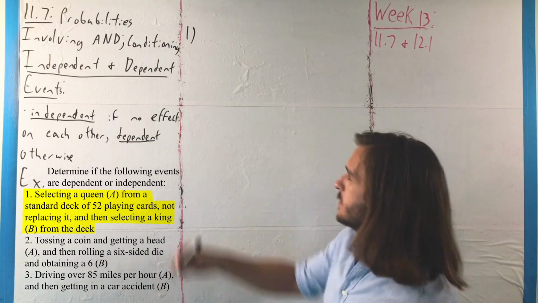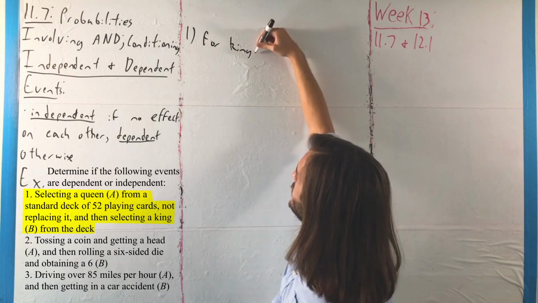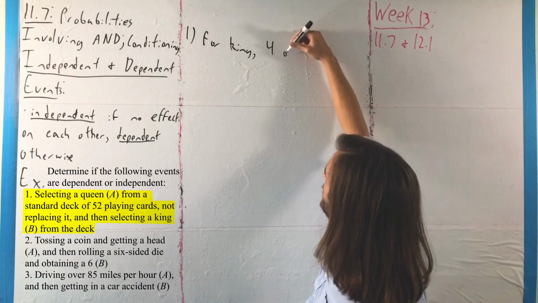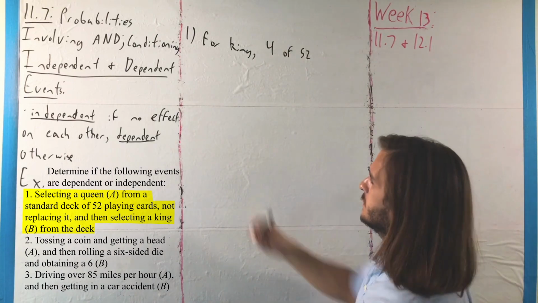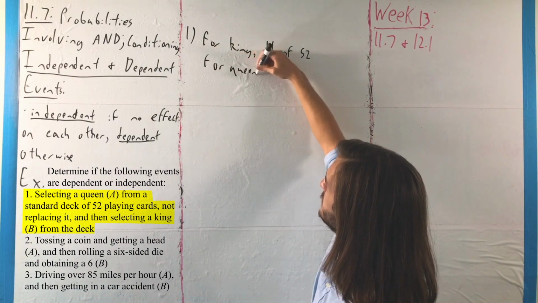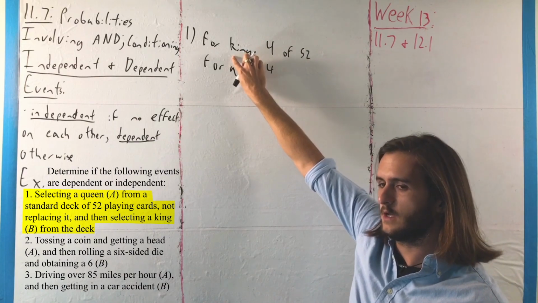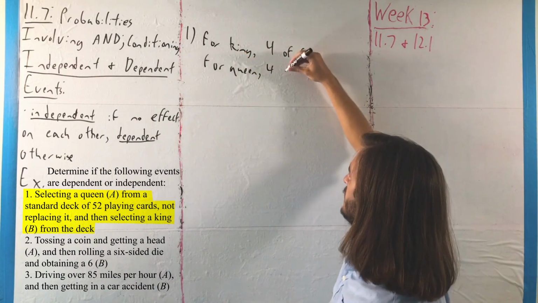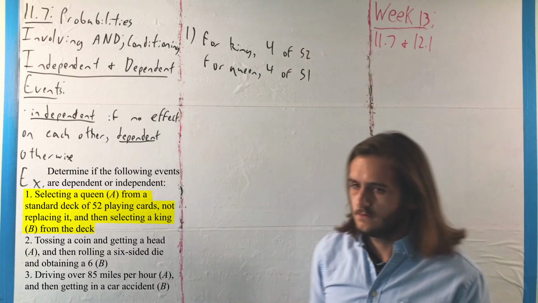Because when you draw the king, we had 4 out of 52. But when you're going to draw the queen, we would still have 4 queens left because, well, there are not any king queens. But we would have 51 remaining cards.